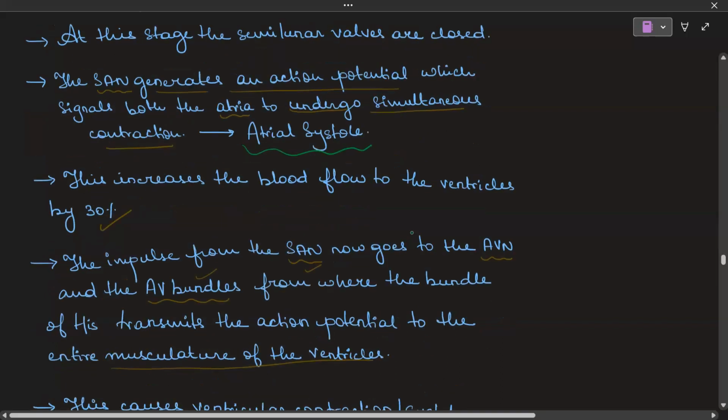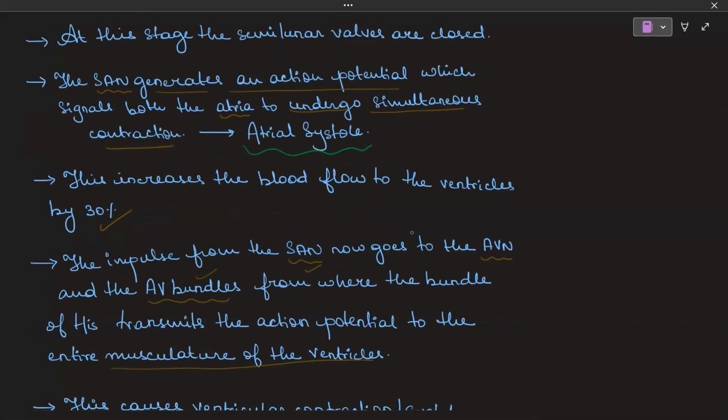Now when the atria or the auricle contracts, just imagine it being squeezed. So the blood flow increases immediately. So this increases the blood flow to the ventricles. Now the remaining 30% is filled up because of this increased blood flow.